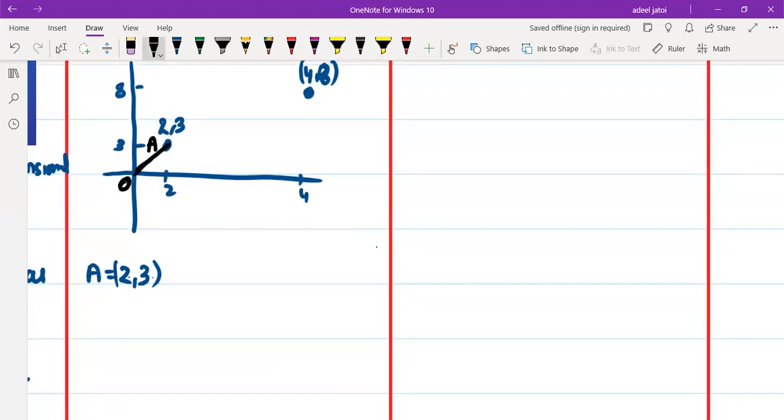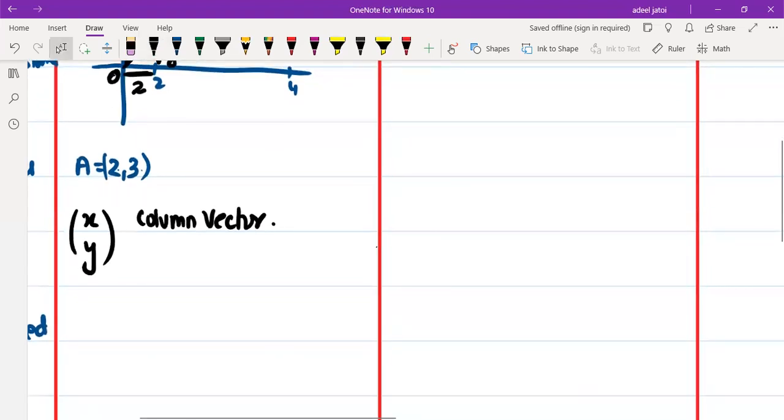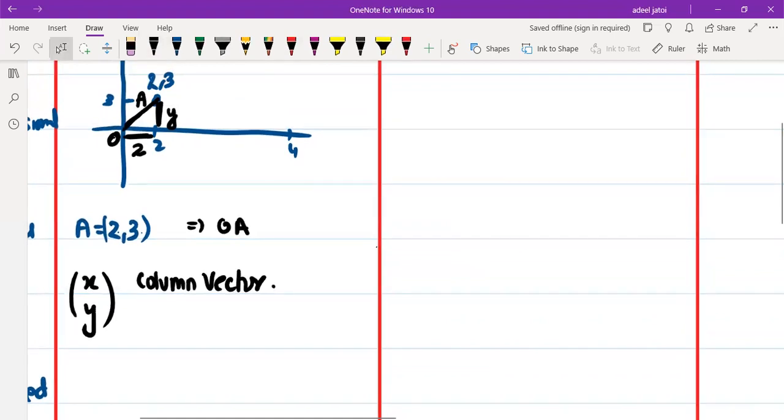So to show it through O, this is your change in X, and this will become your change in Y. So directly, I can always write in the column vector form my change in X and change in Y, which means your A will become OA, representing change in X, which is 2, and change in Y, which will be 3.